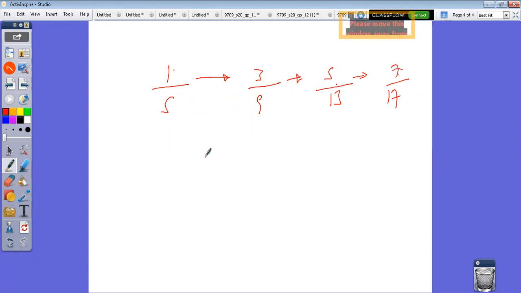These are fractions, but now you deal with the numerator on its own to find the formula of the whole fraction. Let's deal with the numerator.